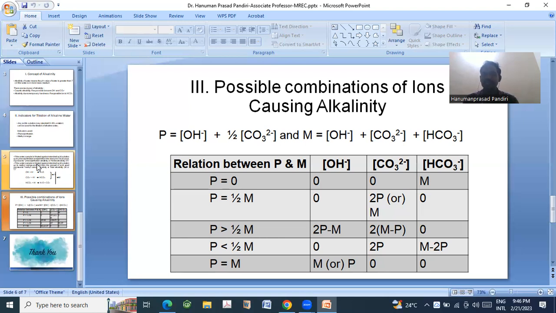If you observe P is greater than half M, 2 ions are responsible, which are OH⁻ and CO3²⁻. And if P is less than half M, 2 ions are responsible, which are CO3²⁻ and HCO3⁻. And if P equal to M, only OH⁻ ion is responsible for alkalinity of water, and its concentration is either M or P.